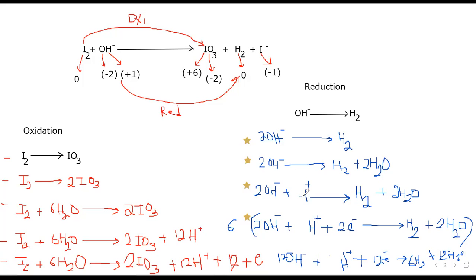So it's important to check your half reactions, because if you don't, then that's a big problem. So 2, 2. Supposed to be 4 there.